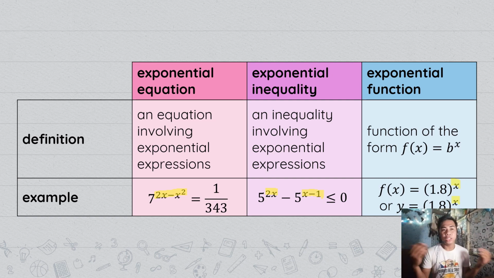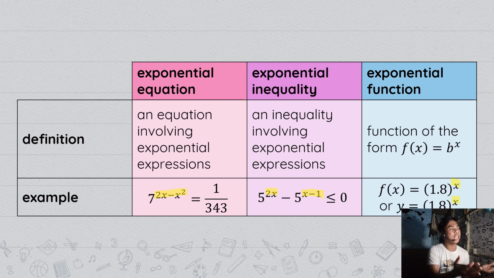So again, as you can see, we have variables in our exponent, and that is the point of exponential expressions. We cannot have an exponential expression if the variable is not present in the exponent. Otherwise, it's simply an expression, maybe rational, polynomial, or whatever.